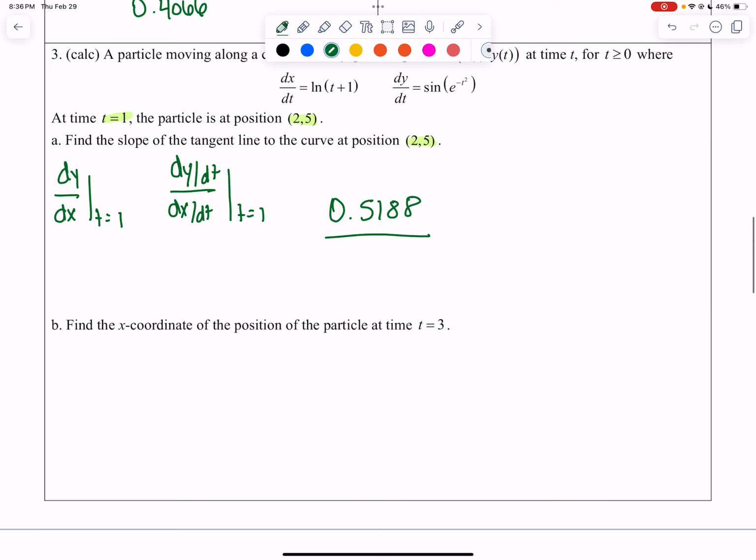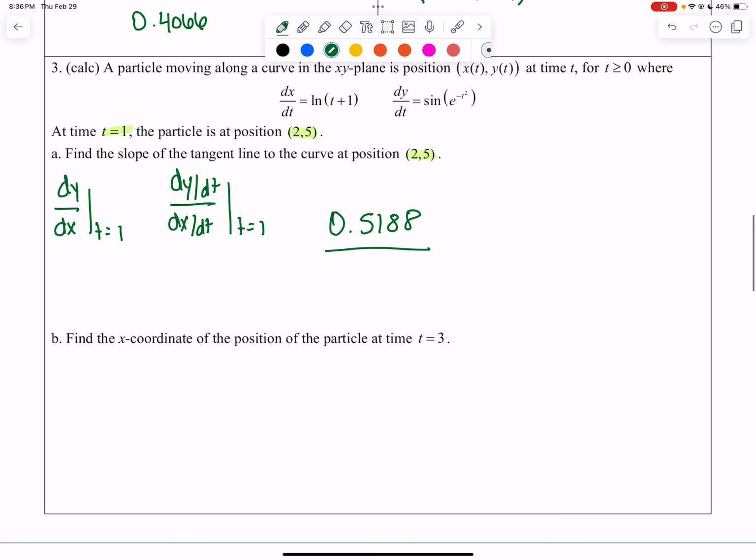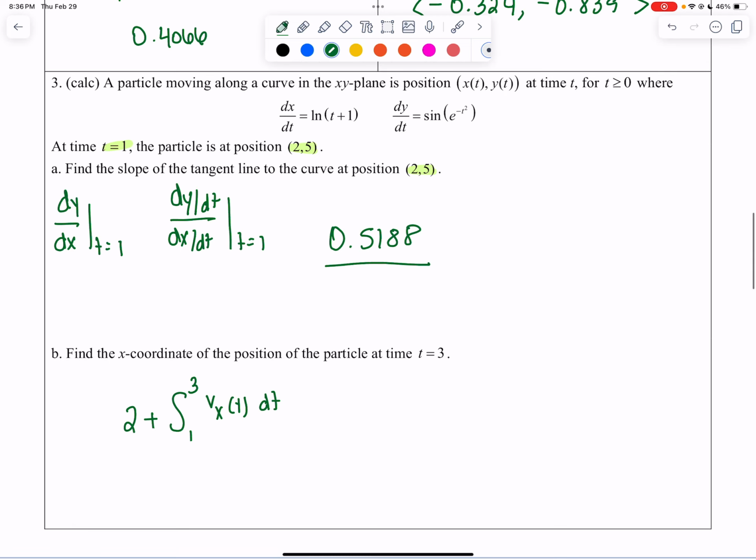So using good old FTC, I'm going to have 2 plus the integral from 1 to 3 of v_x of t dt. In this case, that's going to be ln of t plus 1 dt, since I'm only looking at my x-coordinate.